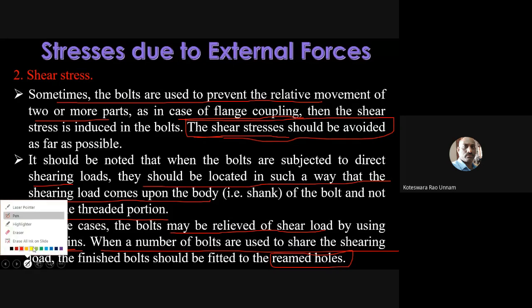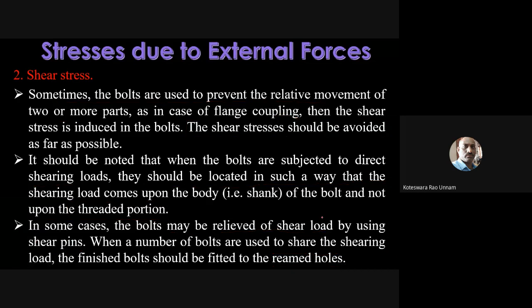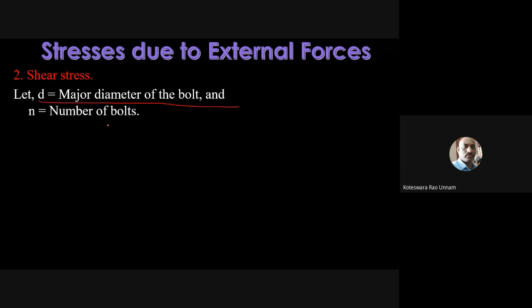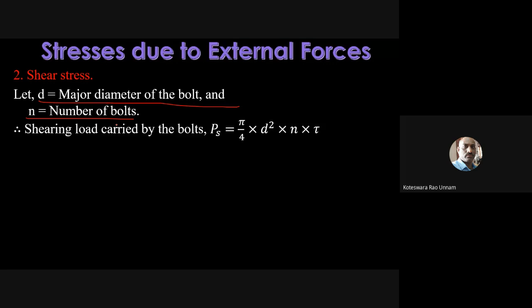Still, if you follow all these things but there is still a shear load on the bolt, how can we calculate the magnitude of the shear stress? If D is the major diameter of the bolt and n is the number of bolts we are using, the shear load carrying capacity of the bolts is given by π/4 D² (the area of the bolt) times n, the number of bolts, multiplied by the allowable shear stress in the bolt.